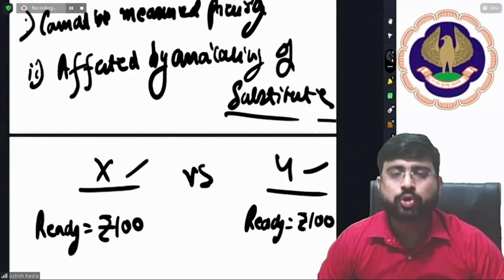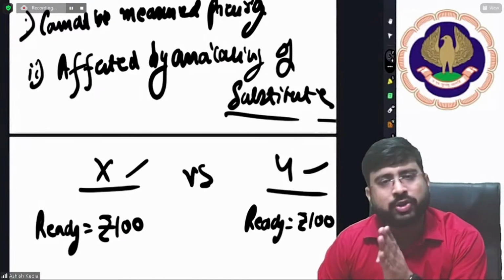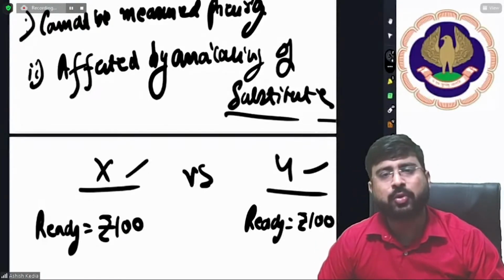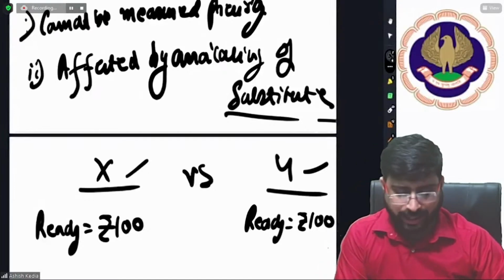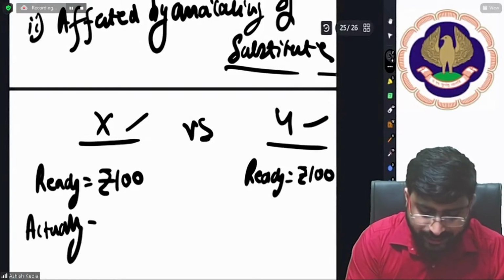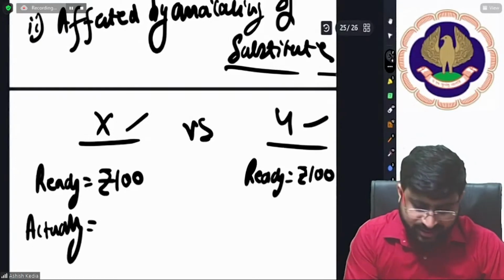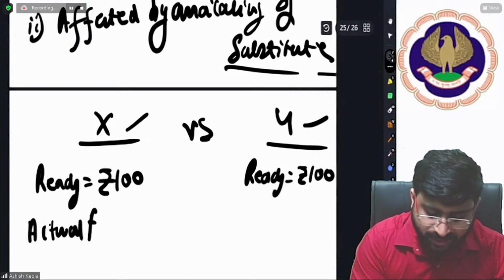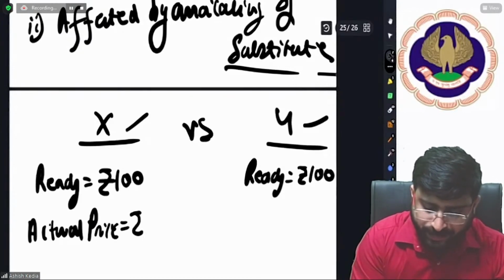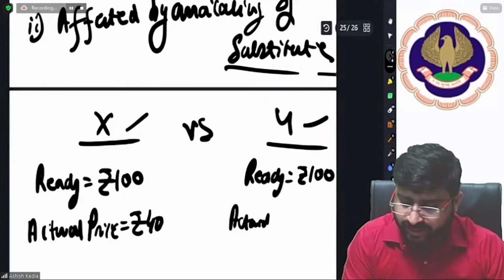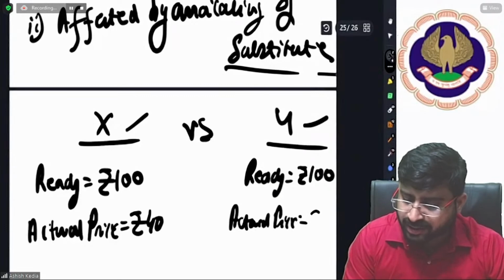So in the first case, the consumer was ready to pay rupees 100, and in the second case also, the consumer was ready to pay rupees 100. Now what happens? If they are actually paying, let's say the actual price here is rupees 40, and here the actual price is rupees 30.